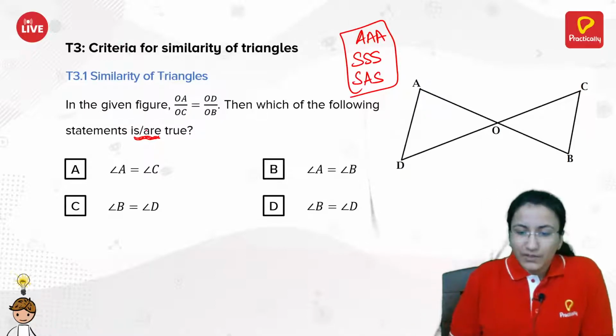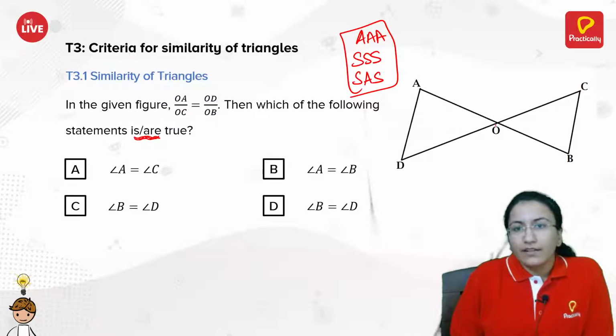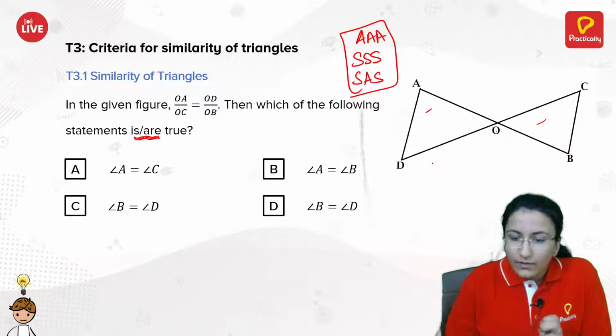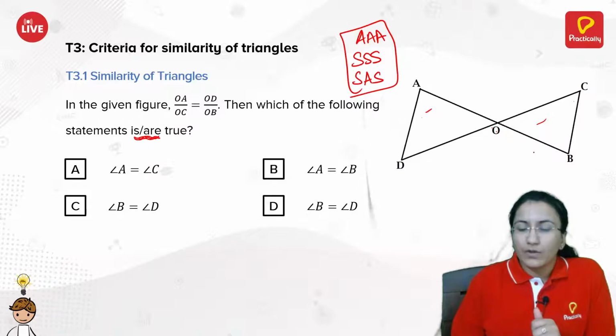Okay, I'll do it with you. If we consider this triangle and this triangle, we have OA by OC is equal to OD by OB, right? This is given to us. Again, Gagan, you are saying B part. Okay, let's just take OA by OD is equal to OC by OB.